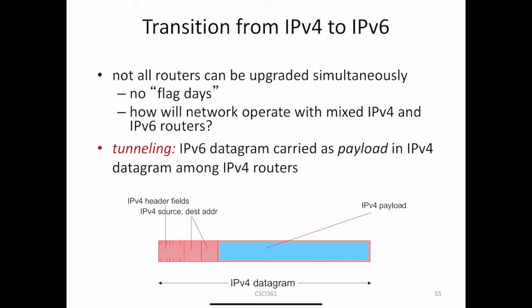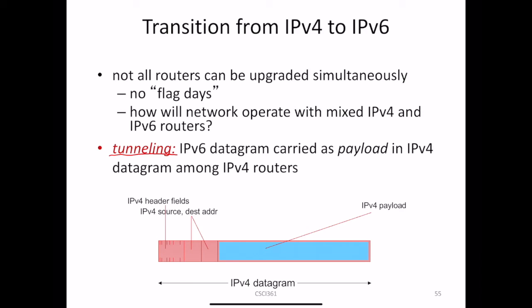And how will a network operate with mixed IPv4 and IPv6 routers? The solution we have is called tunneling, in which the IPv6 datagram is carried as a payload in an IPv4 datagram among the IPv4 routers. So what does that mean?